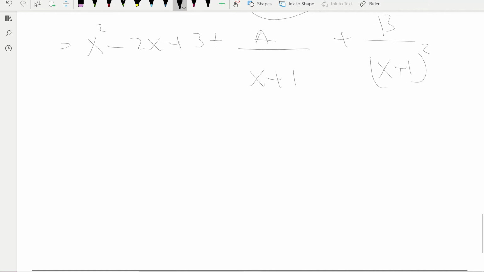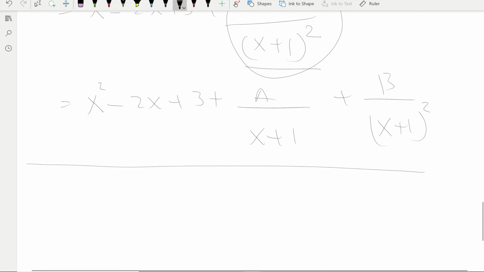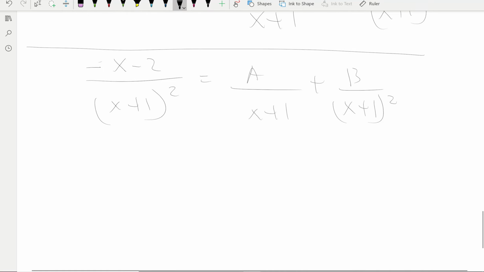Alright, so to now find the constants, we can just use the small part of the fraction, minus x minus 2 over x plus 1 square. So what we got is a over x plus 1 plus b over x plus 1 square. Alright, so now if we multiply by this common denominator, we get minus x minus 2.